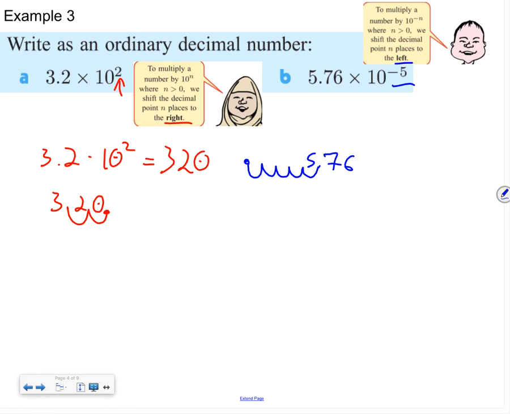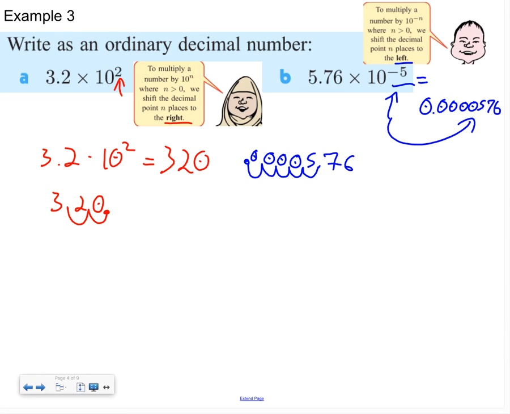My decimal place would go there, and I'm going to add a 0 there, there, there, and there. So I can see that 5.76 times 10 to the negative fifth is going to be 0 point, so I have 4 zeros, 1, 2, 3, 4, 5, 7, 6. And again, recognize that a negative exponent gives me a very small number.